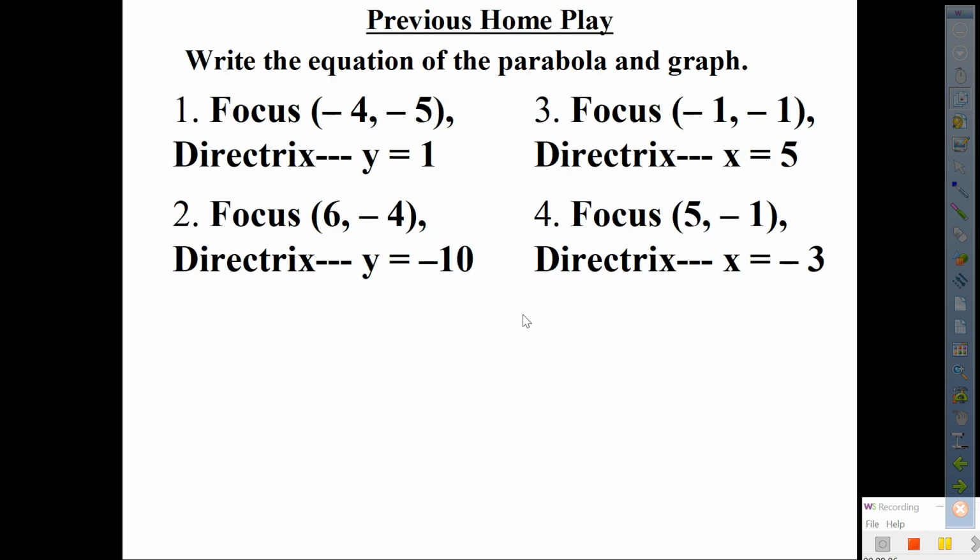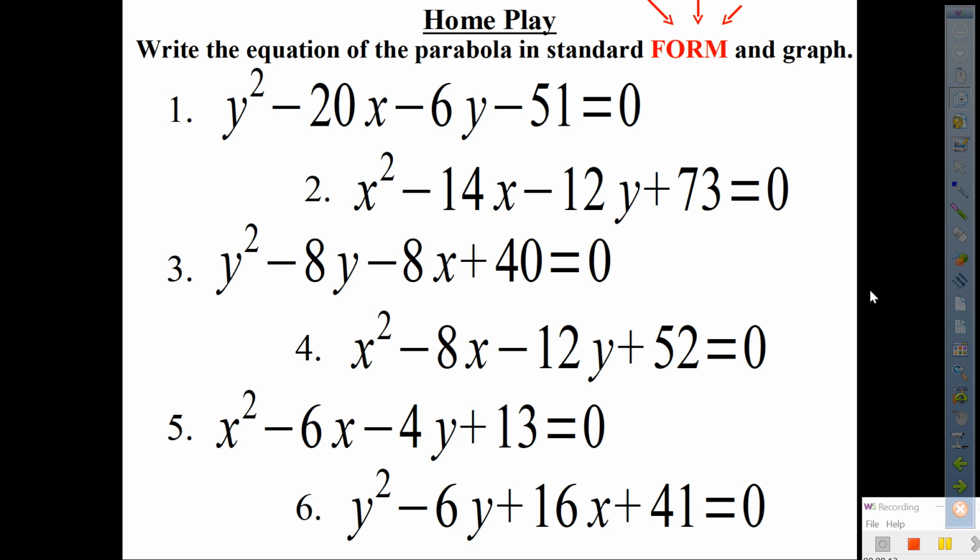Your weekend home play were these 4. You guys did that practice, yes? Good. Show your neighbor what you did, and then take a picture of today's home play on the screen.